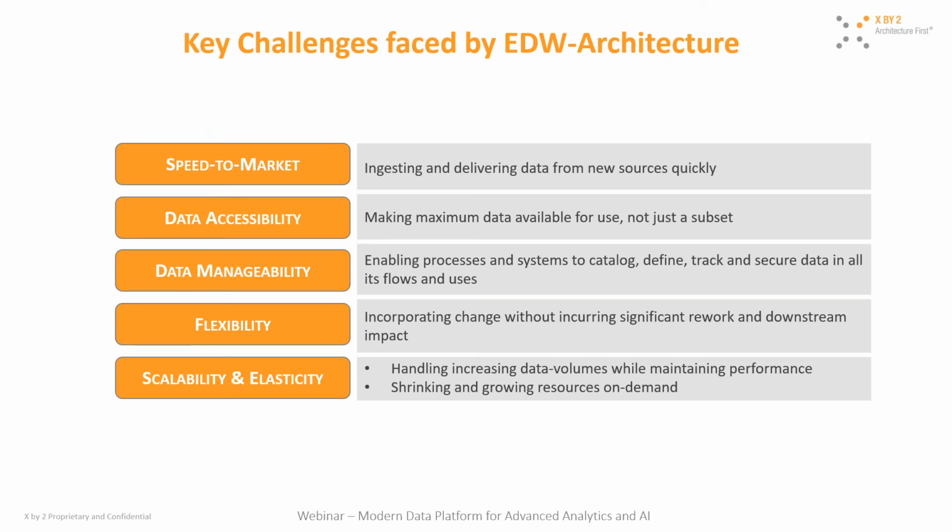Scalability and elasticity was another big problem. With a traditional data warehouse, you would always go for big budgets. You will try to estimate what the resource footprint is going to be, how many server, storage, compute power do you need, and you make a big purchase.